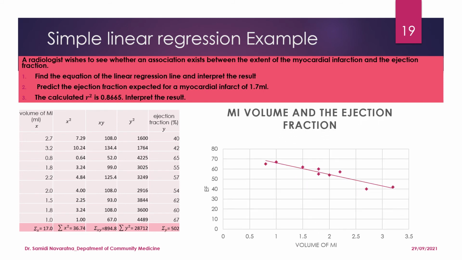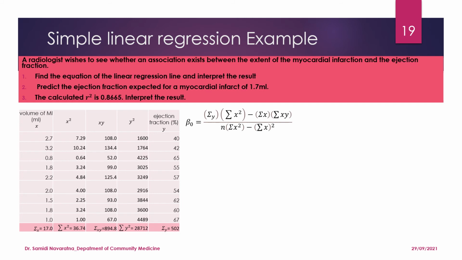This is the scatter plot we initially derived, and as you can see, there's an inverse relationship or a negative correlation between these two variables. So let's substitute these values into these two equations to find beta naught and beta 1.